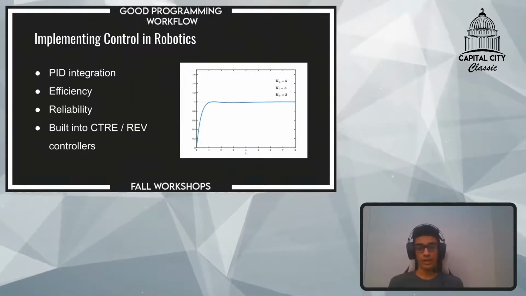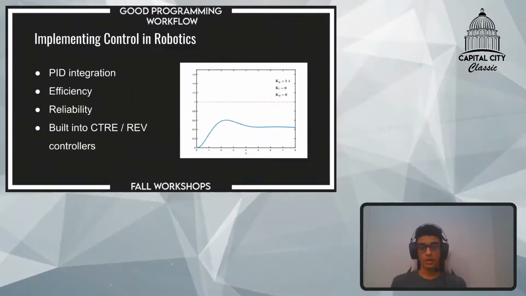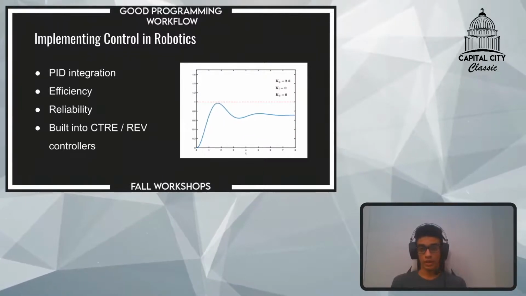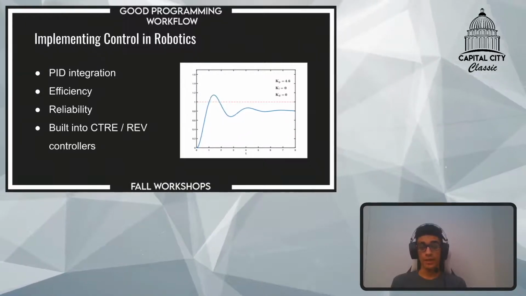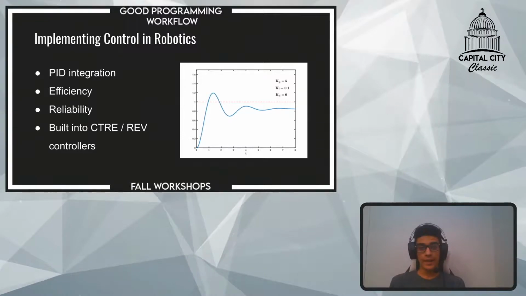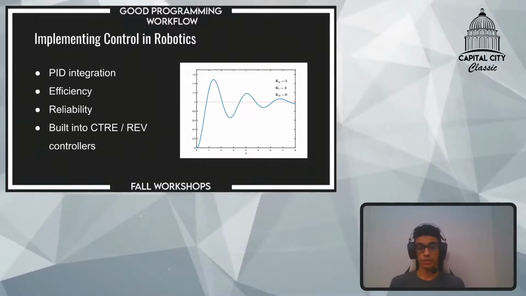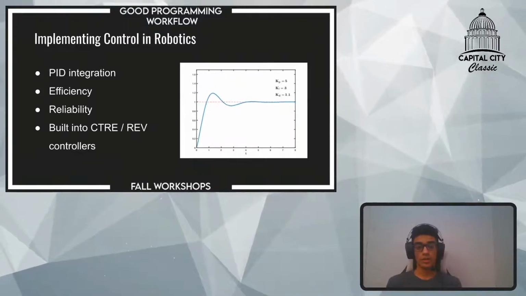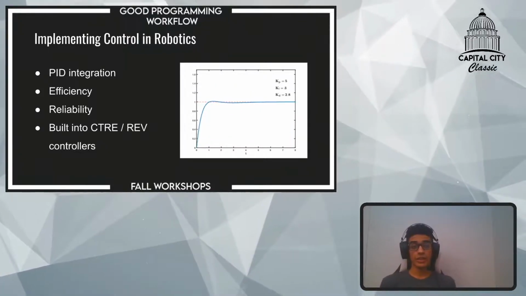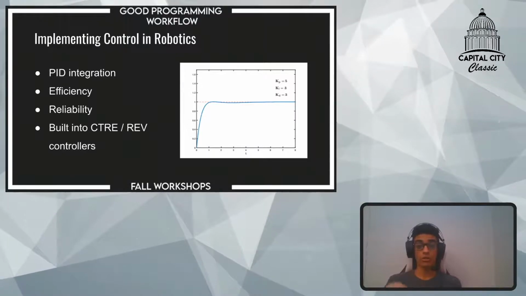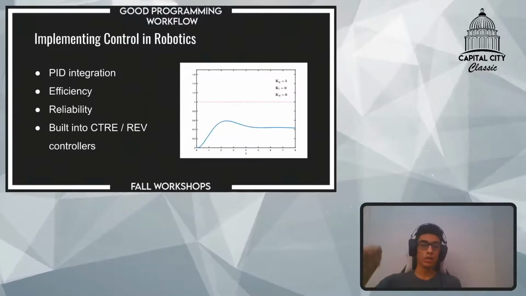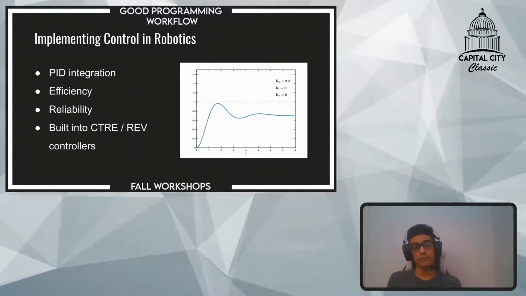So on the right, there's a GIF. Basically, it follows this weird pathing, and then it overshoots, and then you undershoot a little bit, and then you add some I, which makes it overshoot even more, but you get steadier to the goal. And when you add your D, you get this nice consistent line where it gets to the goal really, really fast and stays at that goal without having any jittering.